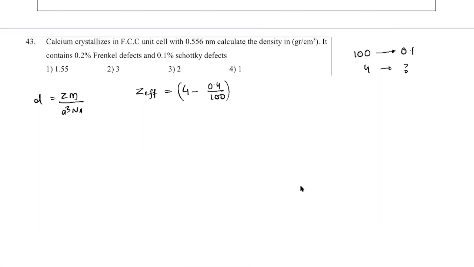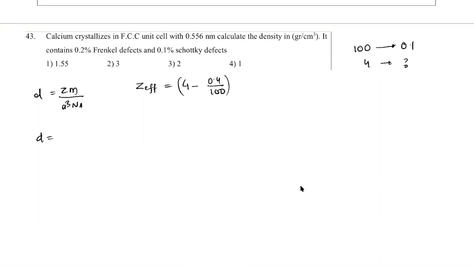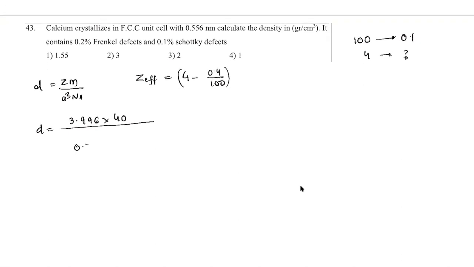Once you know this, we can calculate density. So density would be equal to 3.996 into 40, which is the atomic mass of calcium, divided by a cubed. A is given as 0.556 into 10 raised to the power of minus 9.